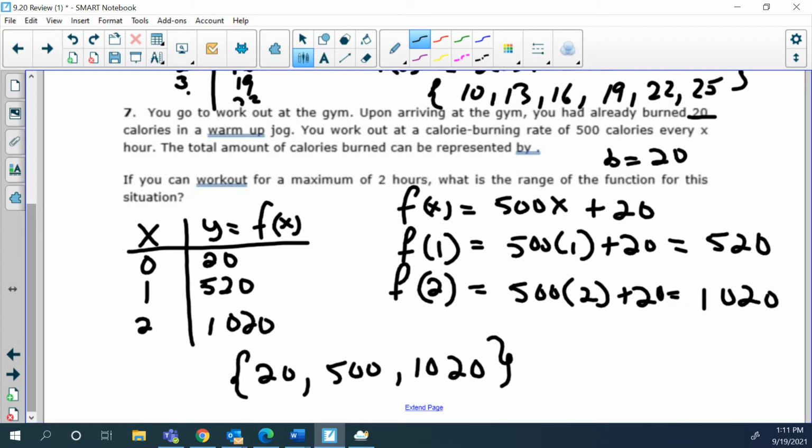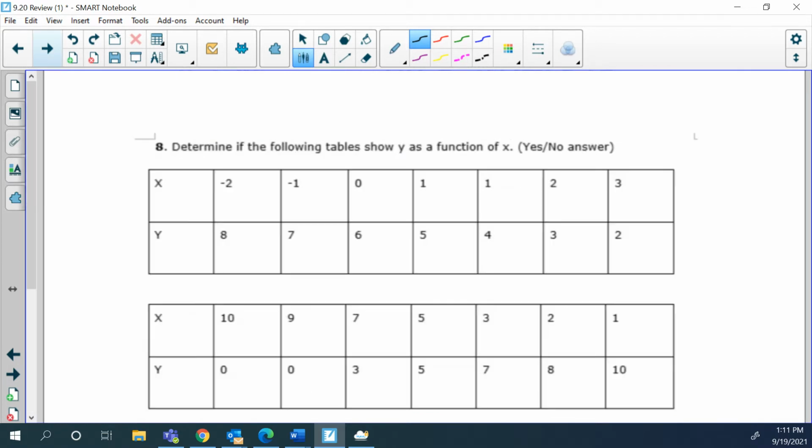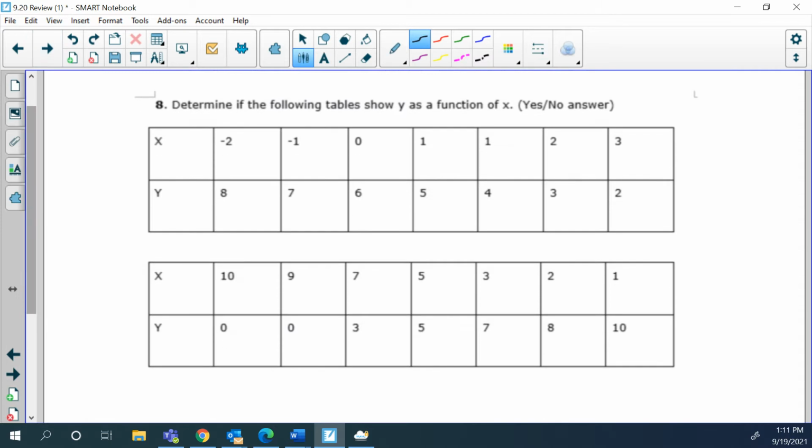Look at number 8. Okay, number 8 asks to determine if the tables are a function of x. So remember, we talked about this in class, right? It's a function if the x values don't repeat themselves. So if the x values repeat themselves, it is not a function.